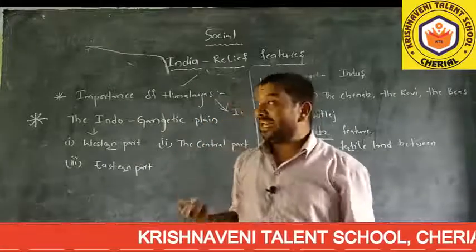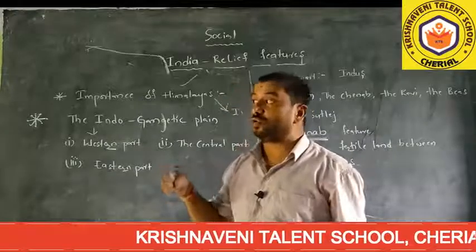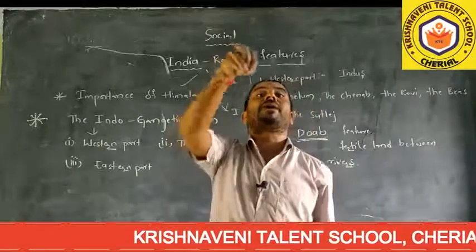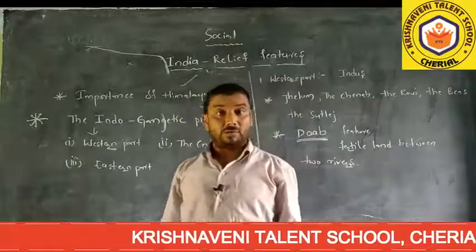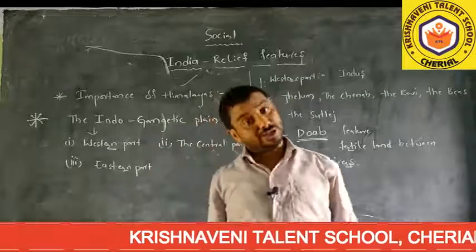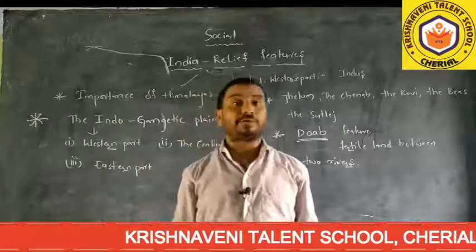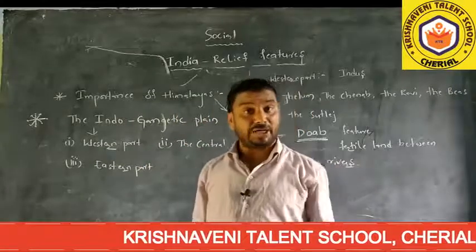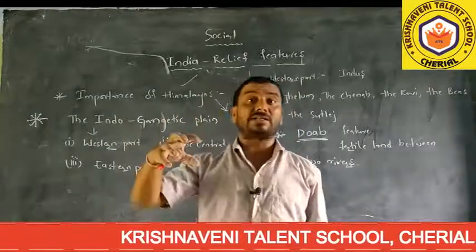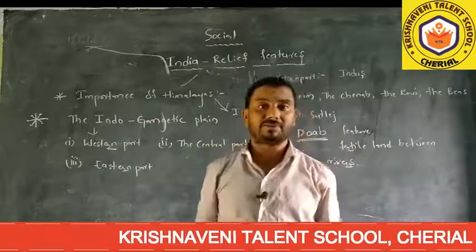Many perennial rivers and their tributaries originate in the Himalayan mountains: River Indus or Sindhu, River Ganga, River Brahmaputra and their many tributaries.